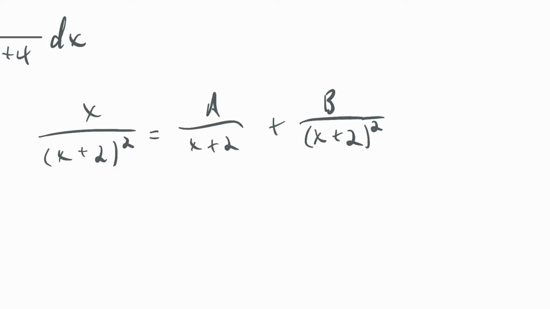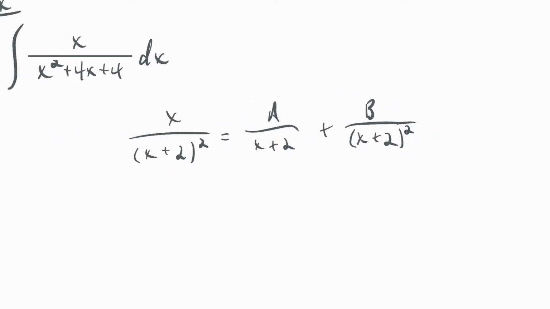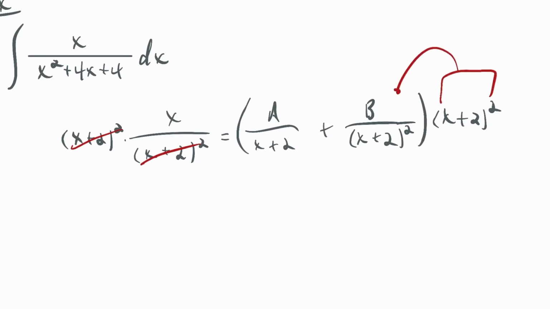And once we set that up, we basically proceed the same way. I'm going to multiply both sides by the denominator that we have on the left-hand side of this equation. So on the left, we're just going to get cancellation. And on the right, when I distribute this to this term, I'll just have plus b.